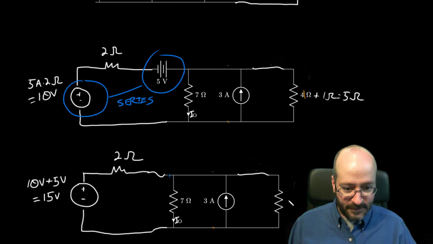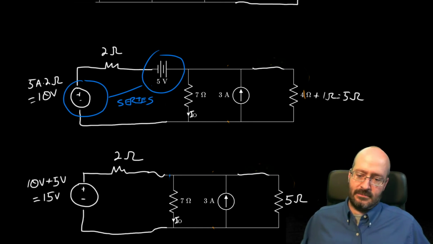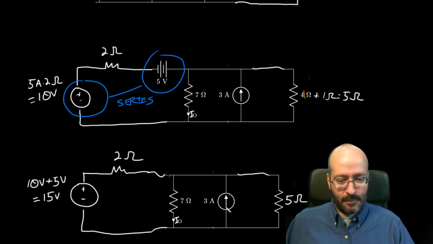Okay, so this is our 5 ohm, just to make it a little cleaner. All right, anything in series? These two things. It doesn't buy me anything for combining. Anything in parallel? These 3 things. I can't combine these 2 because I lose I out.